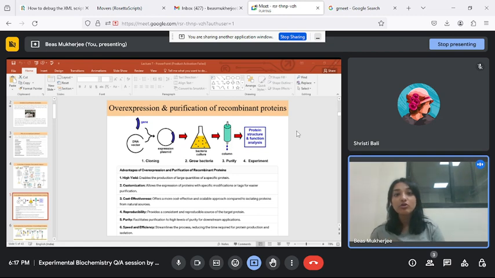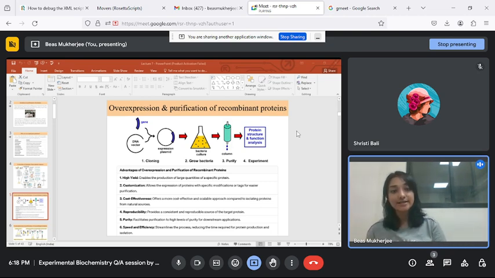Now, why is it called overexpression? It is called overexpression because, apart from the bacteria's own proteins, we are adding this special DNA in the DNA vector. Inside that we are adding a viral polymerase gene. There is a T7 bacteriophage polymerase, which is much more efficient compared to the bacterial polymerase. It improves protein expression 5 to 10 times.